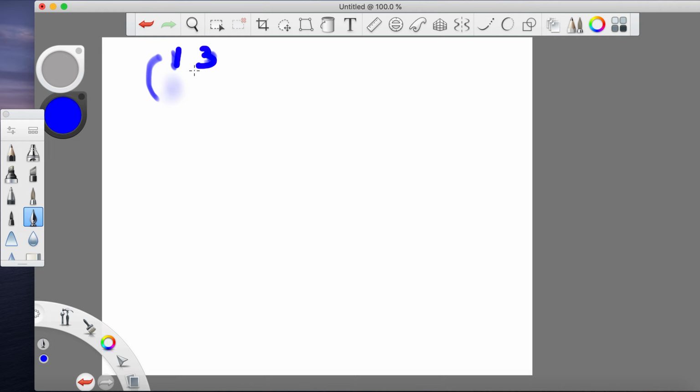Yeah. Okay, 1, 3, 2, negative 1, and 2, 0, negative 4, 3, negative 2, and 6. Okay, so we need to be able to multiply these together.